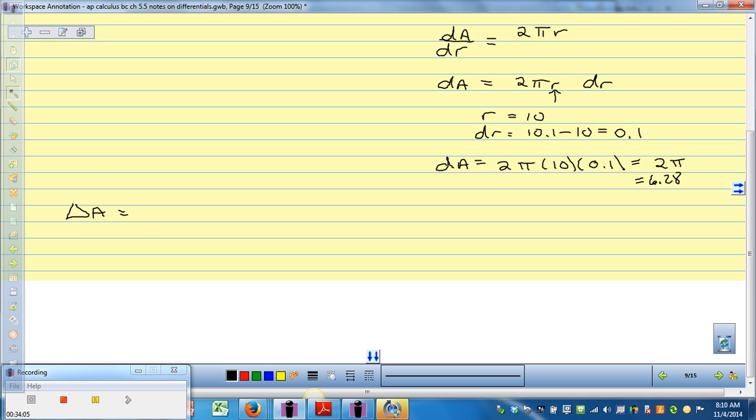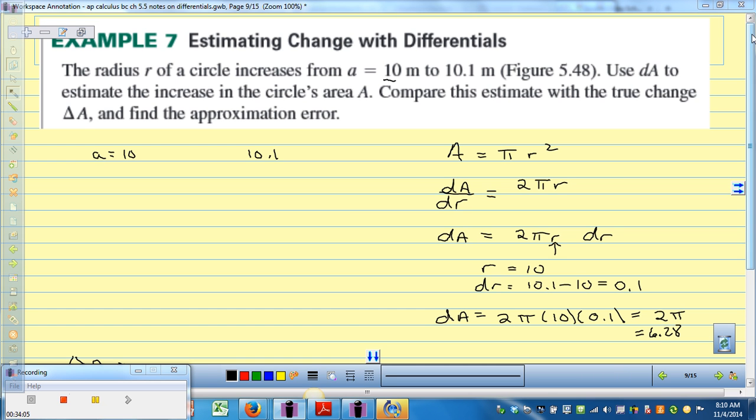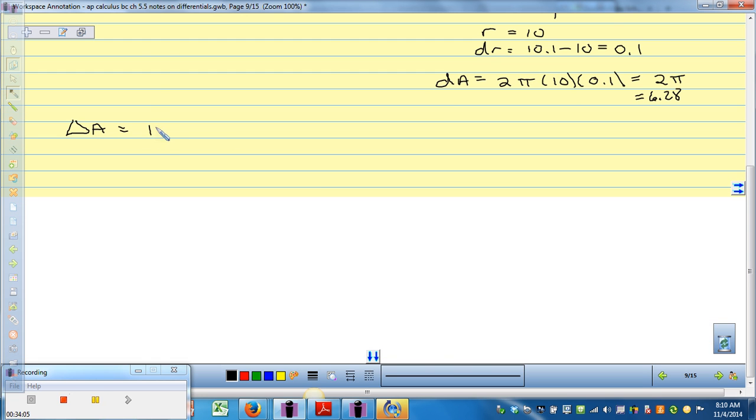Yeah, Ashley. Well, the first radius was 10, and the second radius was 10.1. So we can actually just calculate the difference in the two areas, right? That's the true change. Okay? And that's how we would find delta A. We would do pi times 10.1 squared minus pi times 10 squared to get the true change.